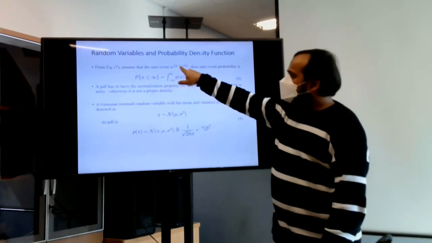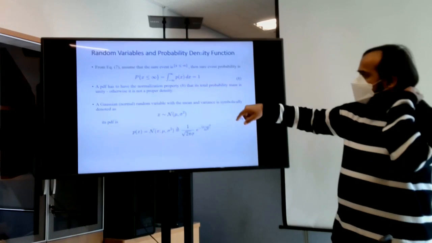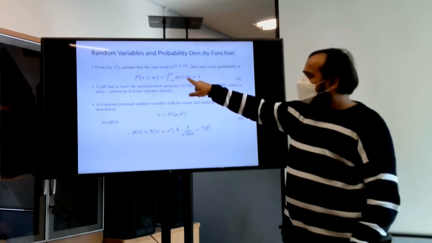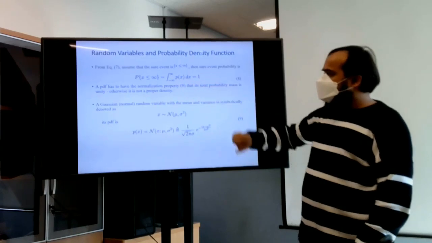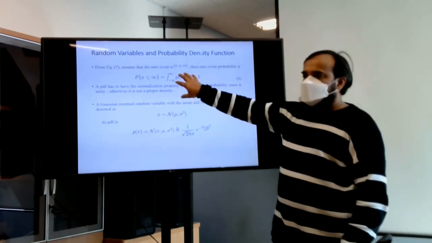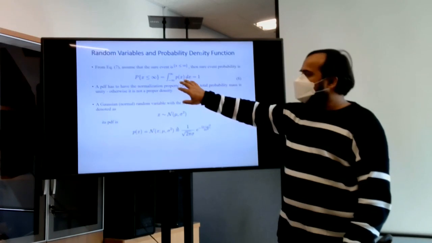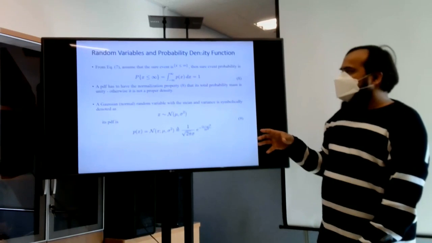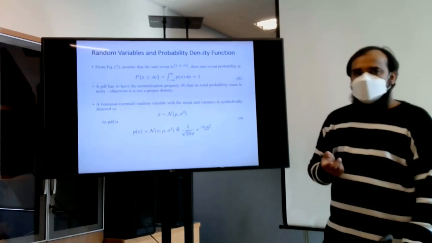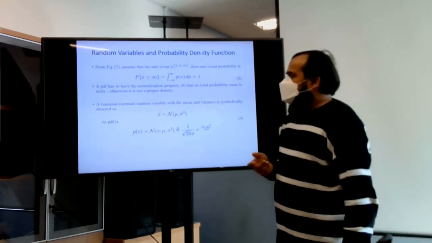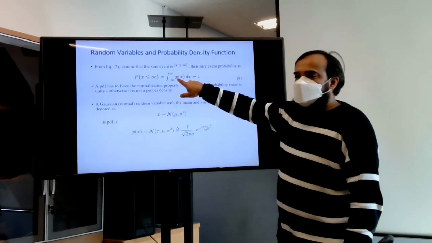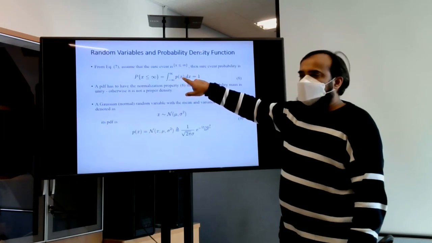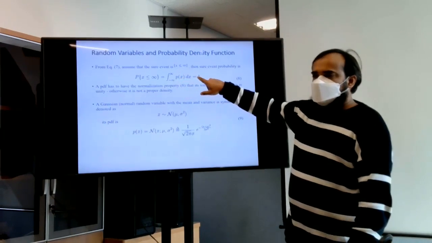Then the sure event probability is the integral from minus infinity to infinity of this function, which equals 1, because we have to normalize P of x, and the normalization property says that its total probability mass equals unity. So what does it mean? The total distribution or total PDF of a random variable must be equal to 1.